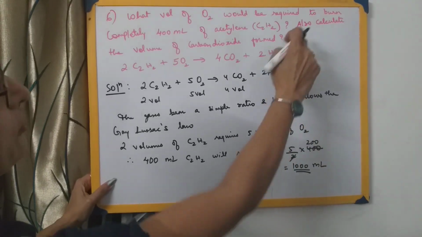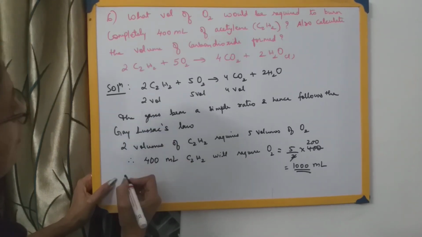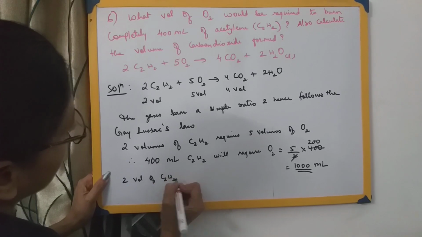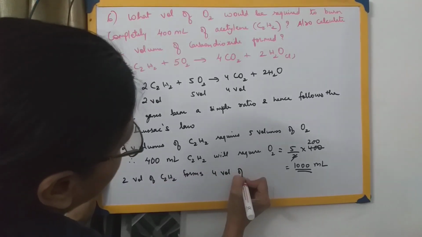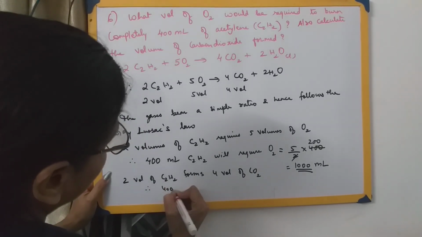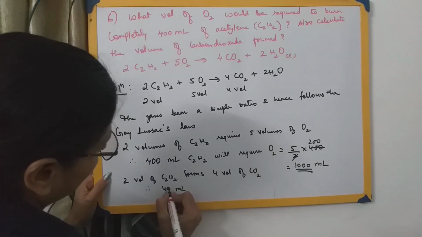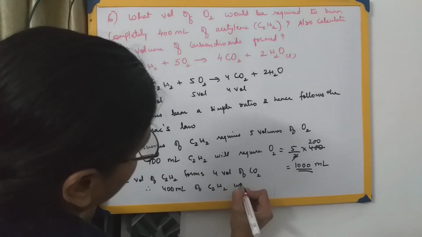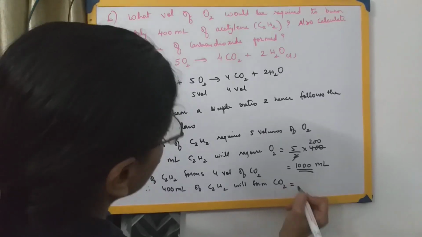What else we have to calculate? Also calculate the volume of carbon dioxide formed. Second part, that is, 2 volume of acetylene forms 4 volume of carbon dioxide. Therefore, 400 ml of acetylene will form or will give carbon dioxide equals to, what we'll be doing?